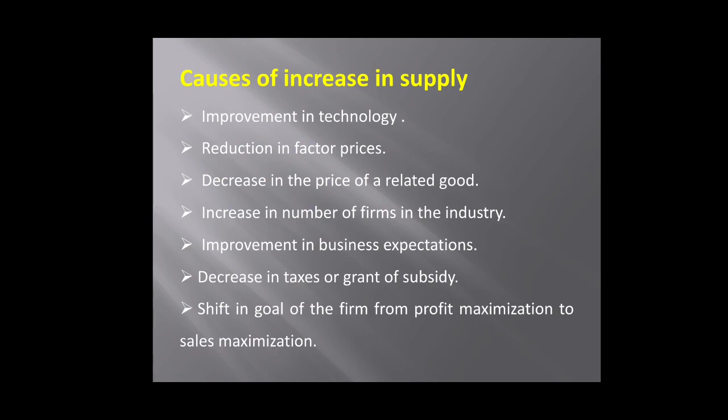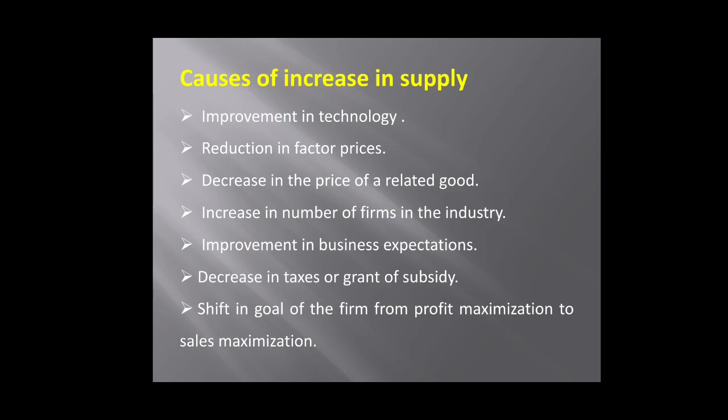Thus, it leads to a fall in cost of production. When costs go down, profits go up. The incentive to supply also goes up. In this case, the producer will produce and hence supply more even at the existing price, thus causing a rightward or upward shift in supply curve.